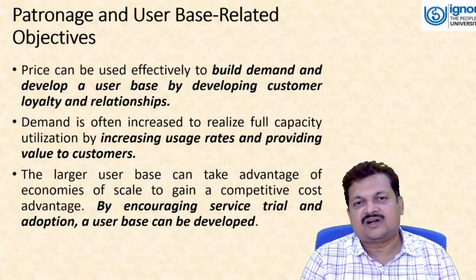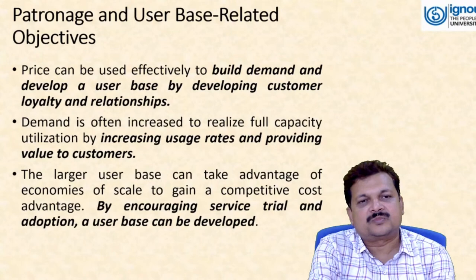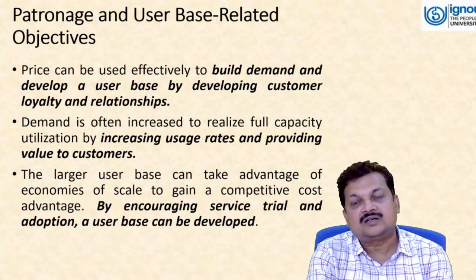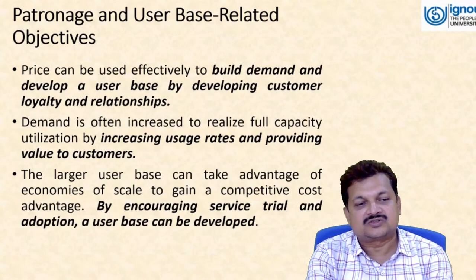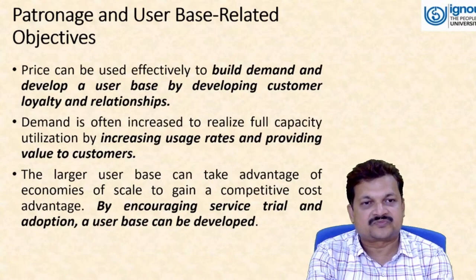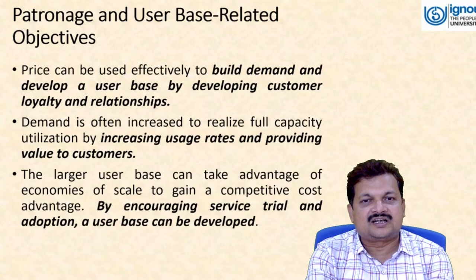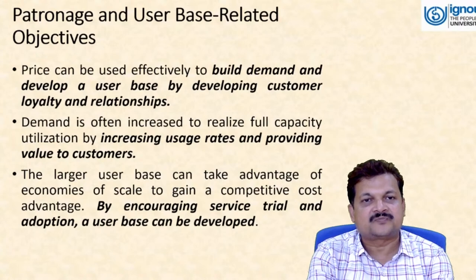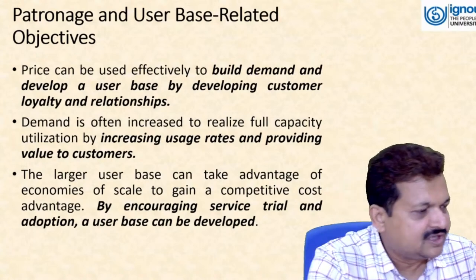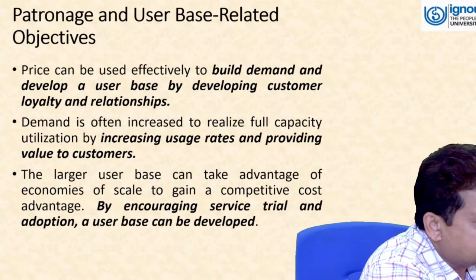Whenever the customer finds any problems, the companies are instantly responsive, responding very fast and giving solutions to the customers. Demand is often increased to realize full capacity utilization by increasing usage rate and providing value to the customer. So here we need to increase the usage rate.